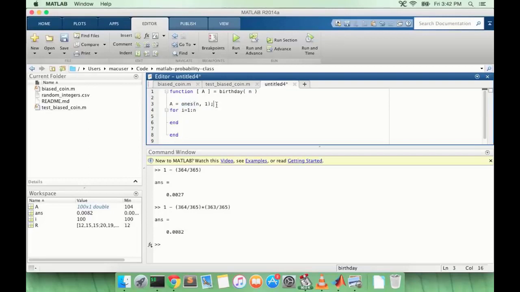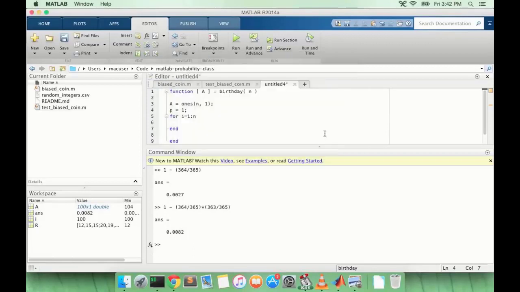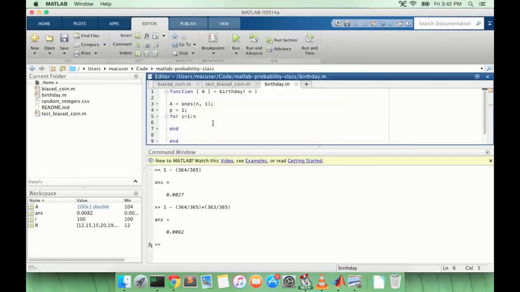Actually, I'm going to say ones because we're subtracting from 1. Actually, it doesn't matter what I initialize a to, because I'm going to say 1 minus over here.